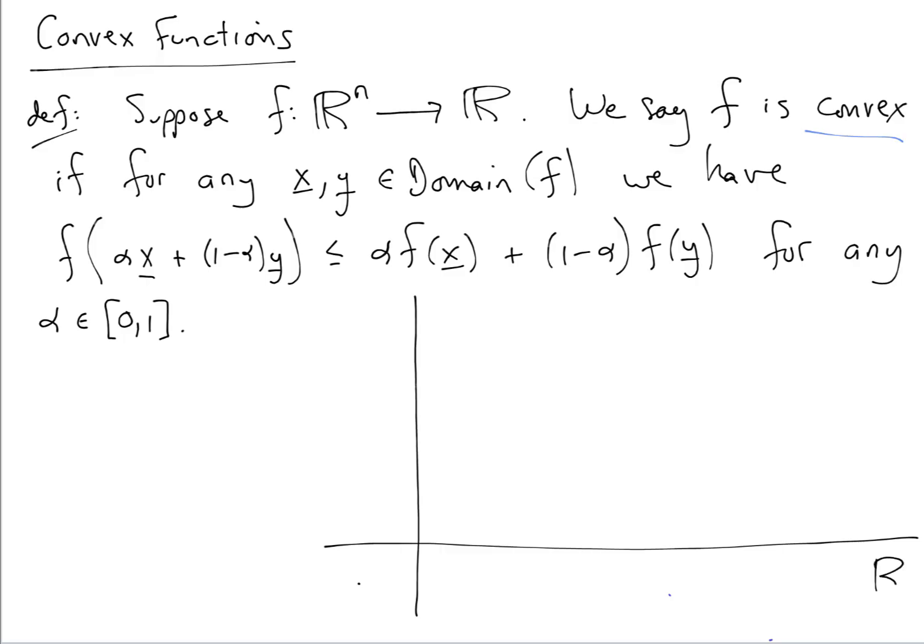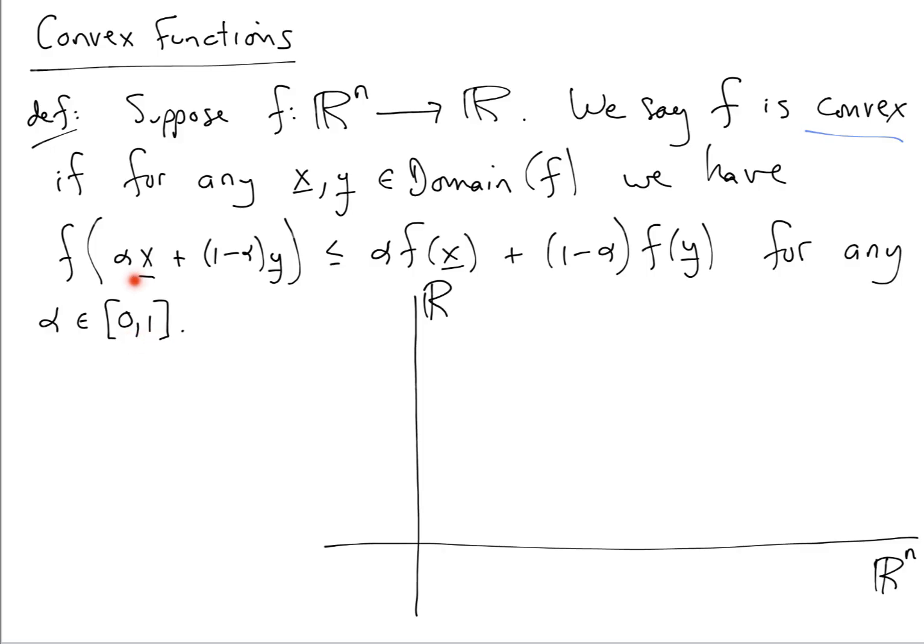So suppose we have Rn represented here on this horizontal axis. You can think of it as R1 for the intuitive purposes here. And then we have the range R up here on the vertical axis. First, let's think about the left-hand side of the inequality. Alpha is some number between 0 and 1.